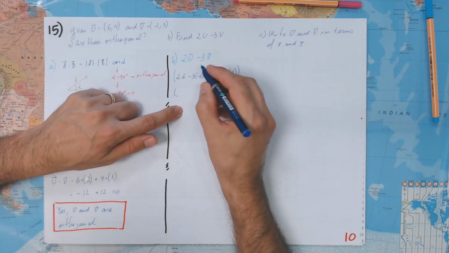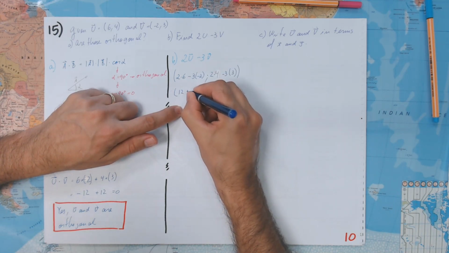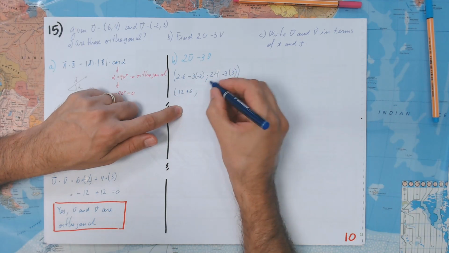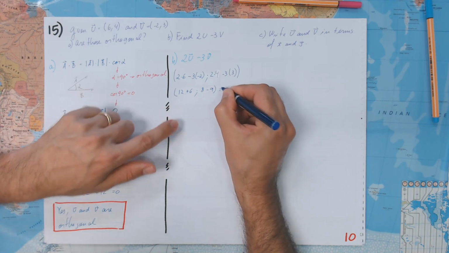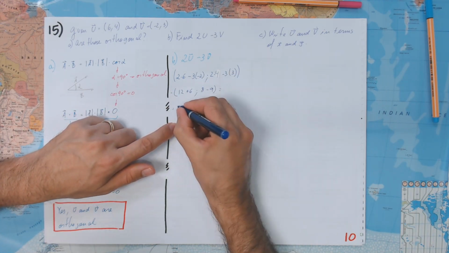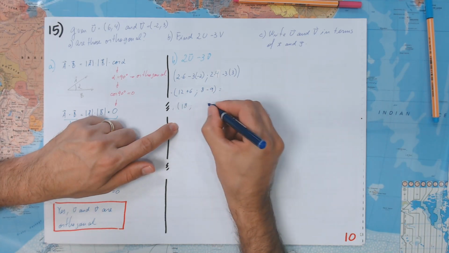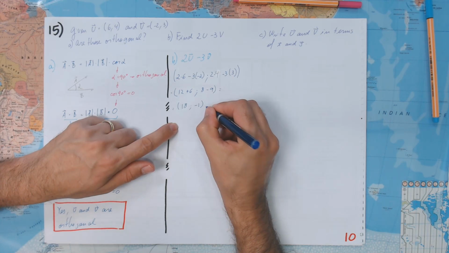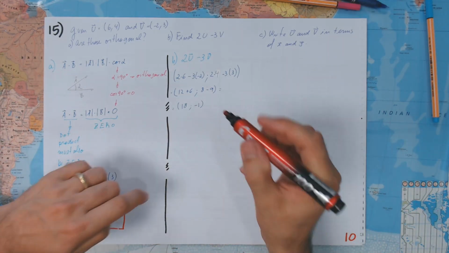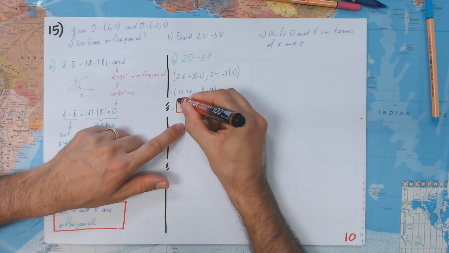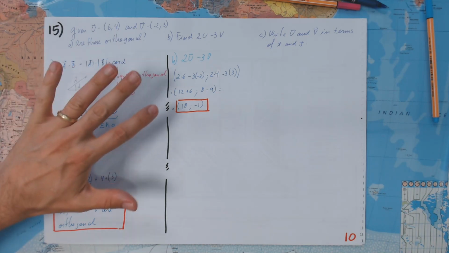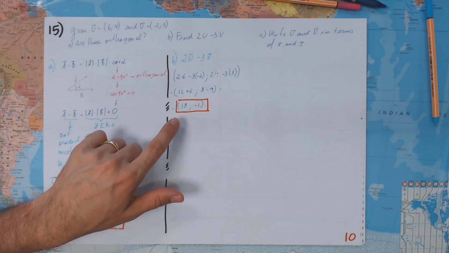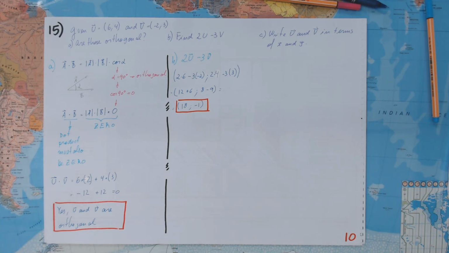This is 2 times 6, it is 12 plus 6, and then here is going to be 8 minus 9. This is going to be 18, and the y component is going to be minus 1. And this is going to be the answer for this one, but just algebraically. And now let's do it graphically.